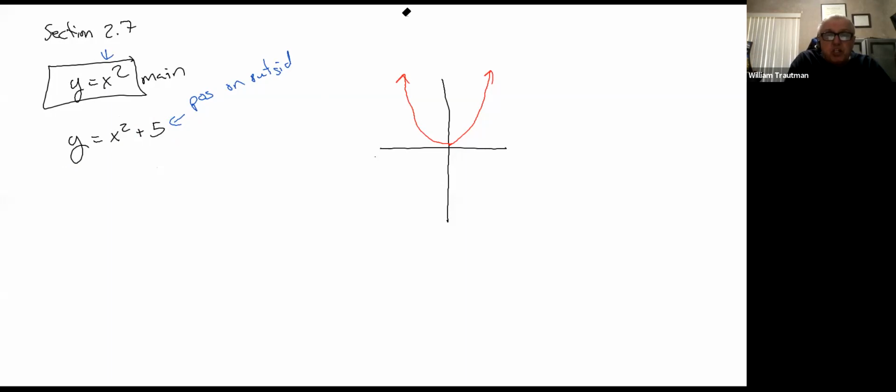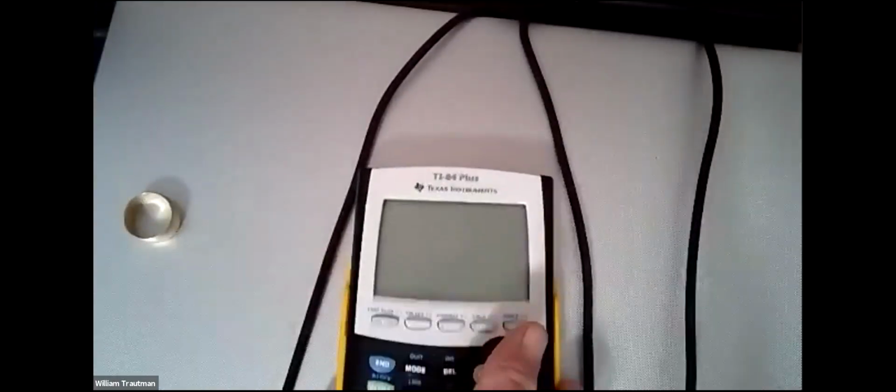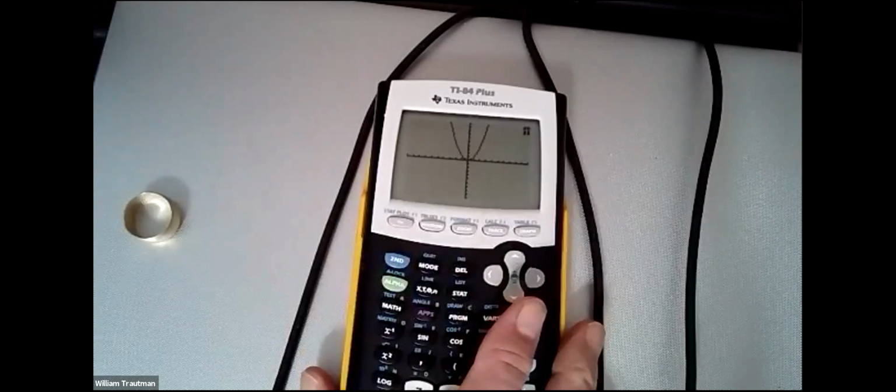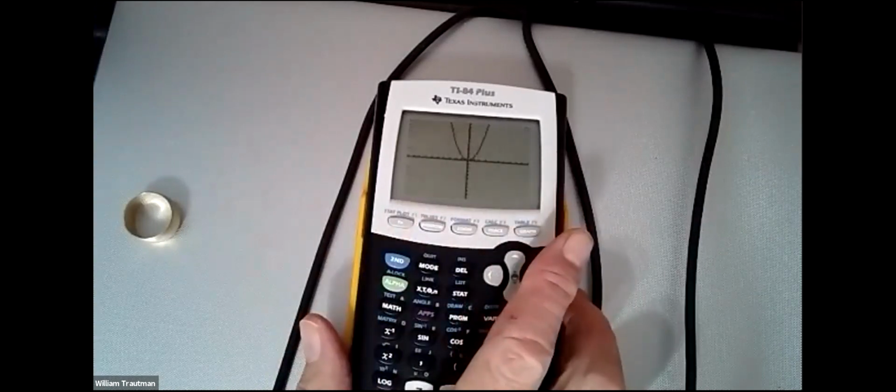So I want to show you that on my calculator. There's my y equals x squared graph.